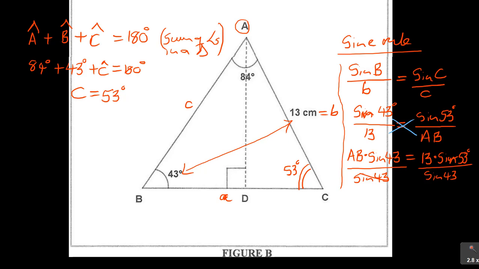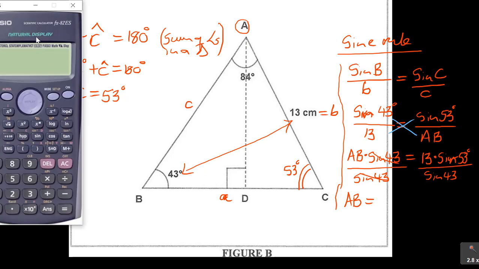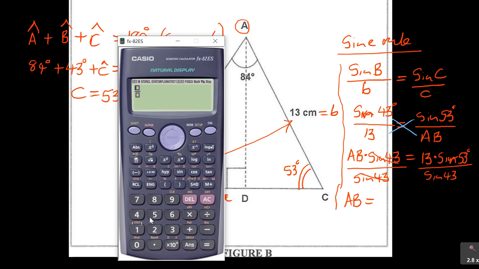So that you will then have AB is equal to, using a calculator, 13 times sin 53, remember to close that bracket, over sin 43.